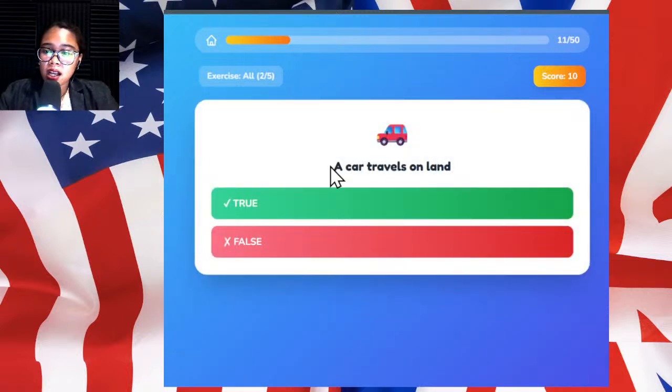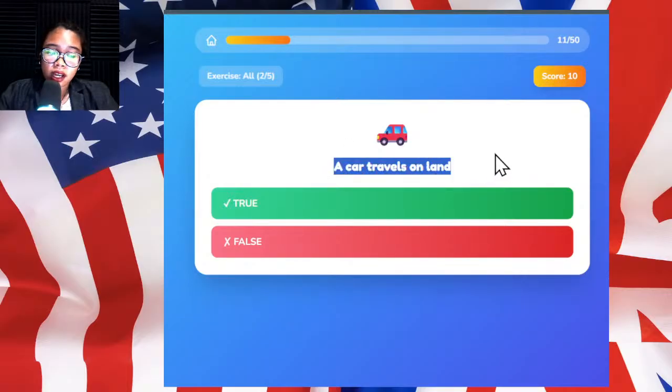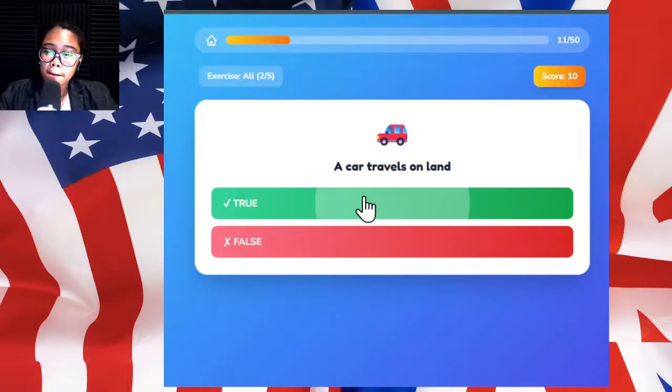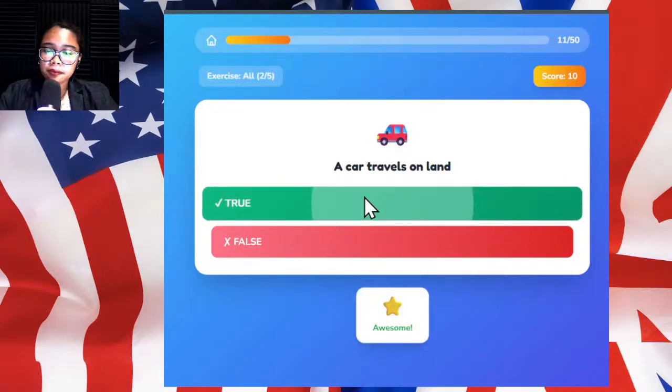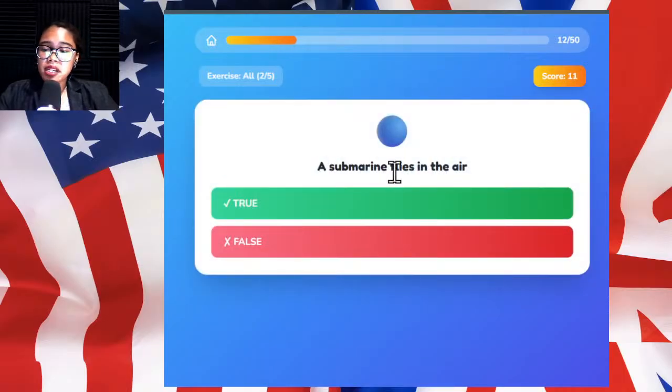Next, we move on to true or false. A car travels on land. Our answer here is true. How about a submarine flies in the air? A submarine looks like a cylinder that travels deep underwater, so this is a false statement. Next, a helicopter is an air transport.